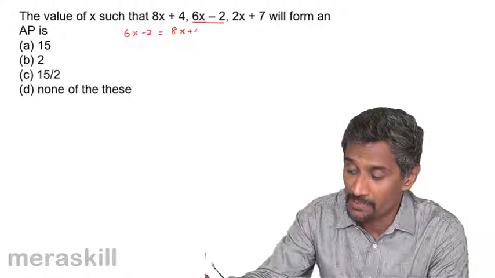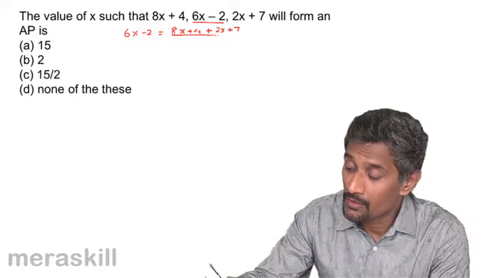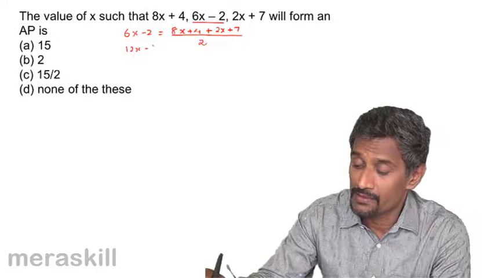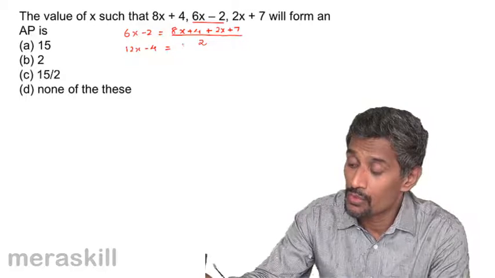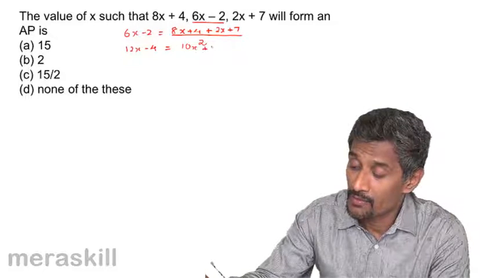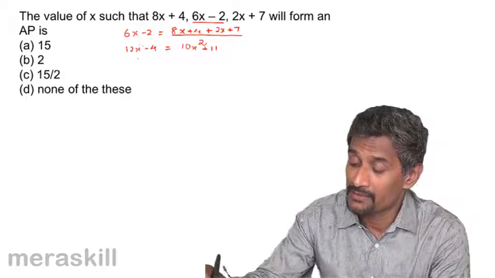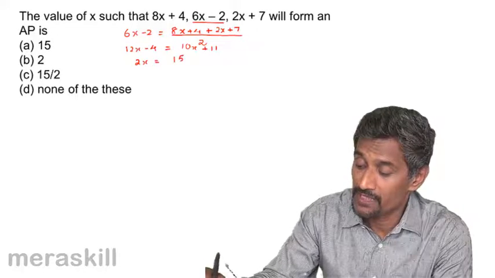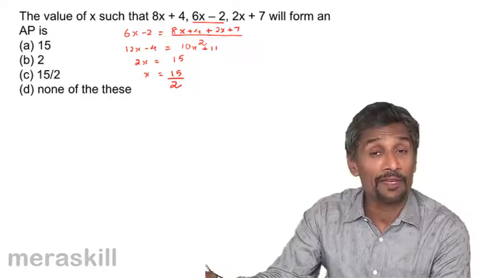So it's 8x plus 4 plus 2x plus 7, the whole by 2. So that will give you 12x minus 4, 8 plus 2, 10x plus 11. And 12x minus 10x is 2x is equal to 11 plus 4, 15, and you have x is 15 upon 2. So the value of x is 15 by 2.